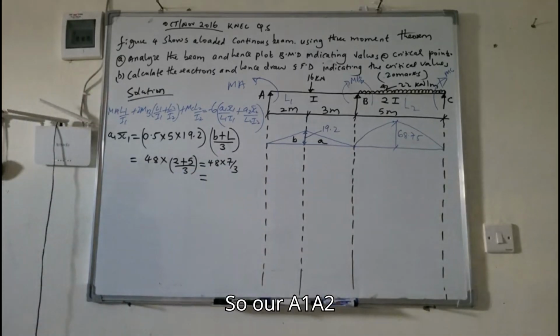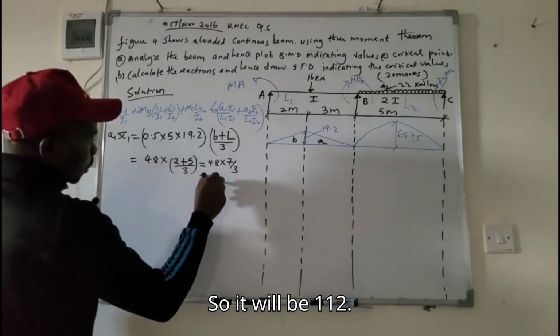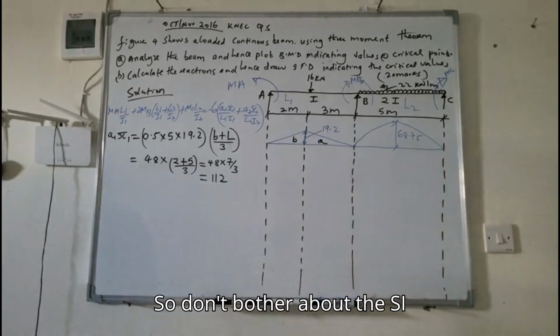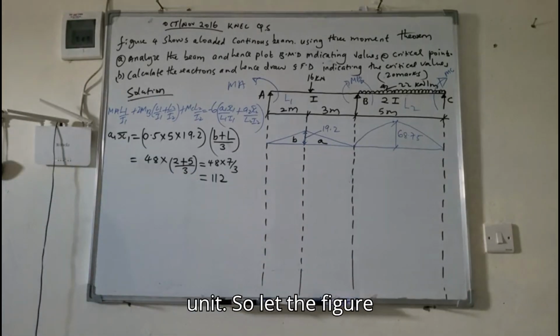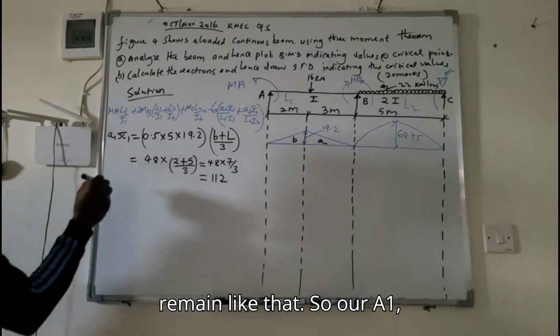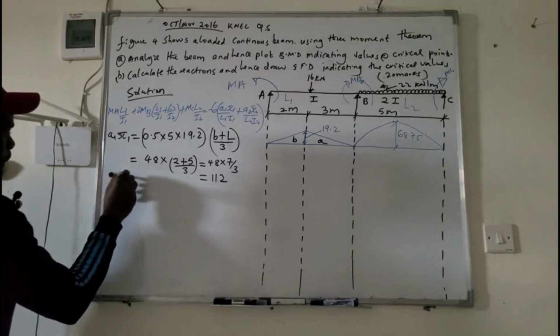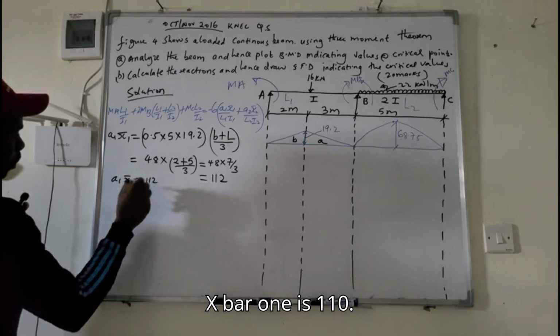Let me punch my calculator. Our A1 x bar 1 will be 112. Don't bother about the SI unit, so let the figure remain like that. So our A1 x bar 1 is 112.